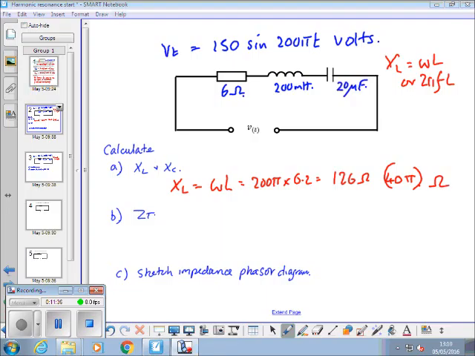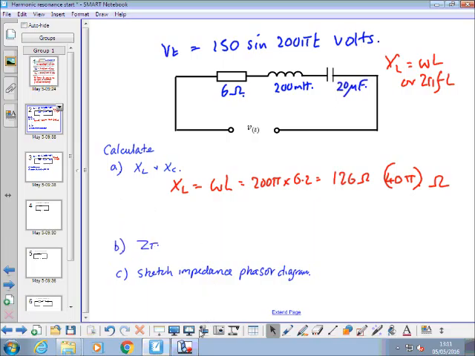In actual fact, I'd tend to leave it as 40 pi for ongoing calculation further on. It's just easier to handle.